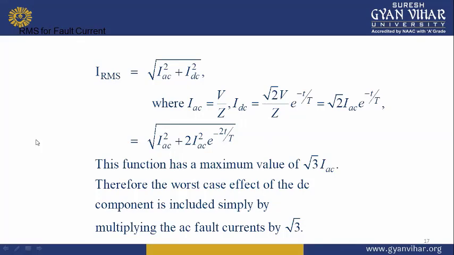Now this RMS value is a function which has a maximum value of root 3 IAC, and therefore the worst effect of the DC current component is included simply by multiplying the AC fault currents by root 3.